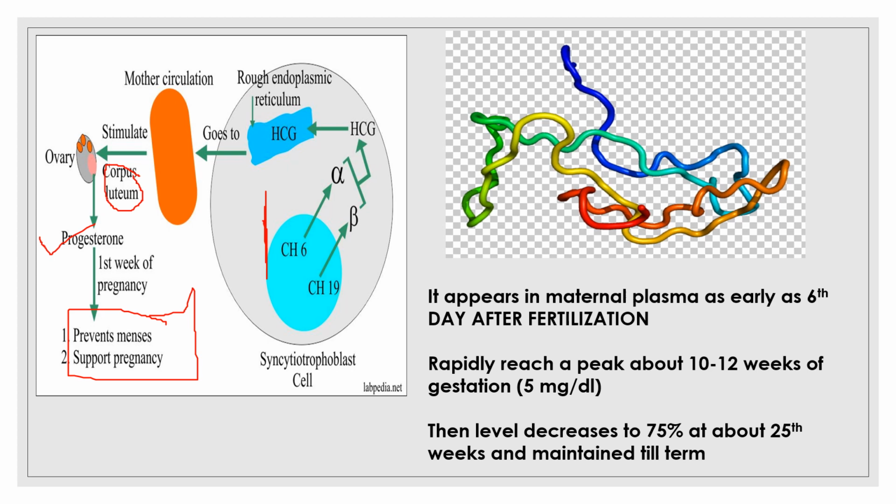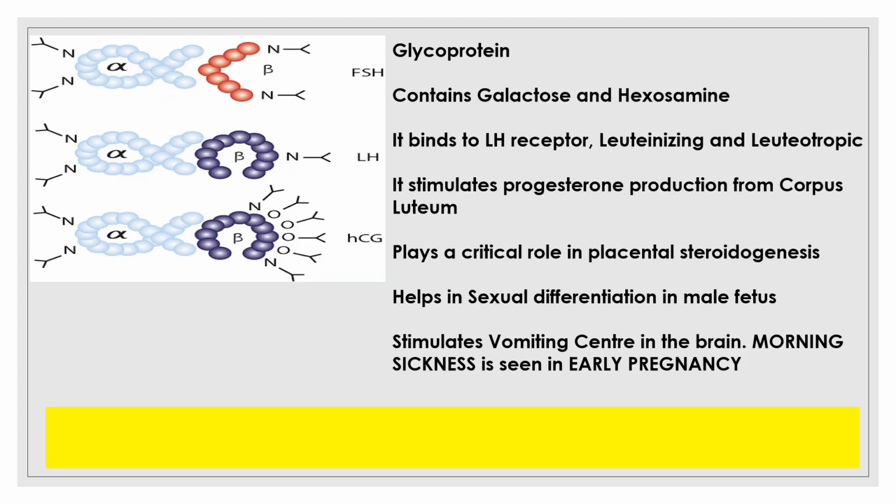Now this is the structure of HCG. If you look into the detail of the structure, you will find that human chorionic gonadotropin is a glycoprotein. We have gone through so many glycoproteins released from the anterior pituitary. They may be LH, luteinizing hormone, FSH, TSH. All these are glycoproteins, and there is a structural similarity between them.